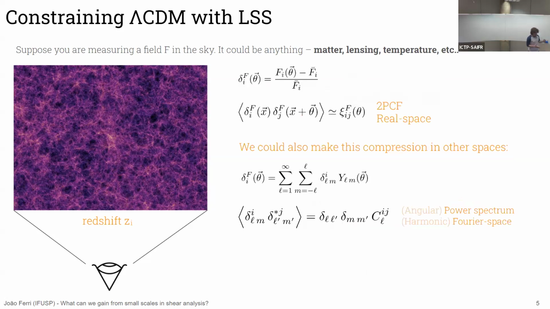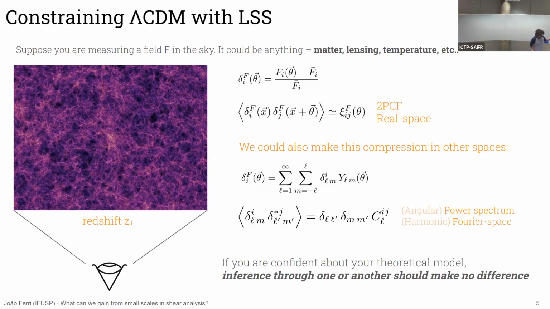Of course, you can do this data compression in other spaces. For example, you can do the same thing in harmonic space. So you decompose your delta field into spherical harmonics, and then you compute the correlation of these harmonic modes, given by the power spectrum or the angular power spectrum.